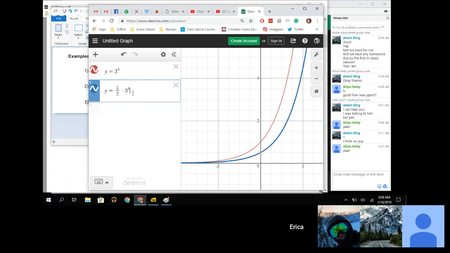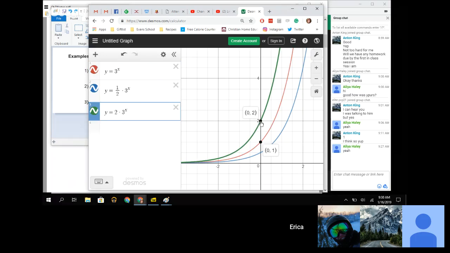Okay, just for interesting sake, you guys always love it when we do a little extra, right? What if instead of multiplying by 1/2, I multiply by 2? So now you can see my original red function is doubled. Instead of when x equals 0, y equals 1, when x equals 0, y equals 2.